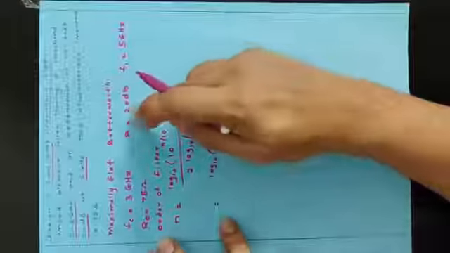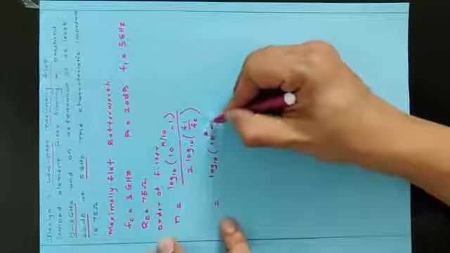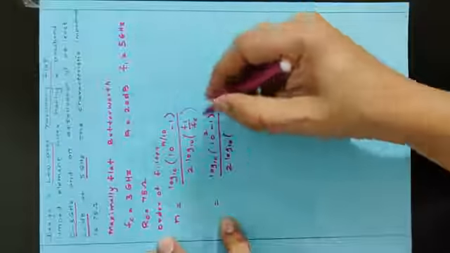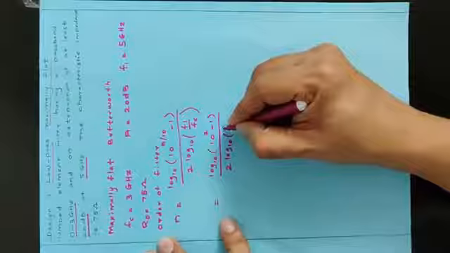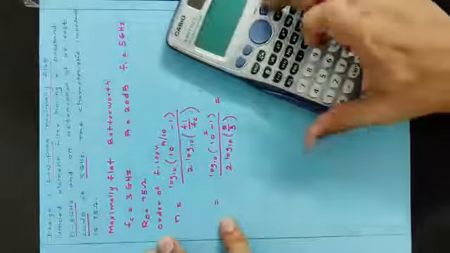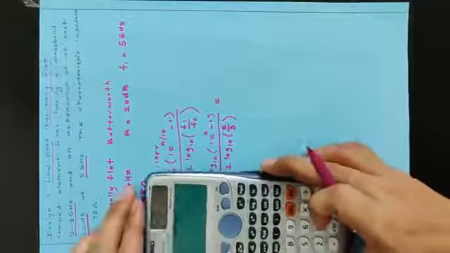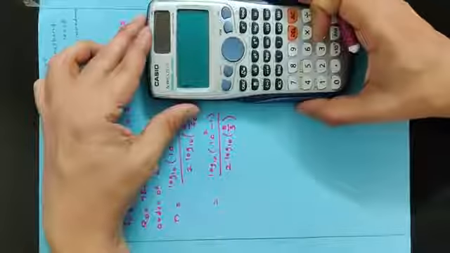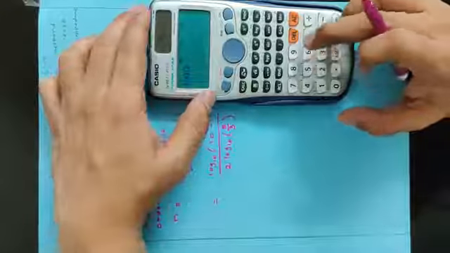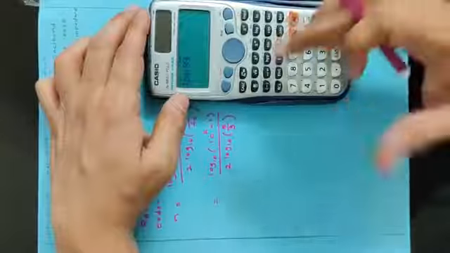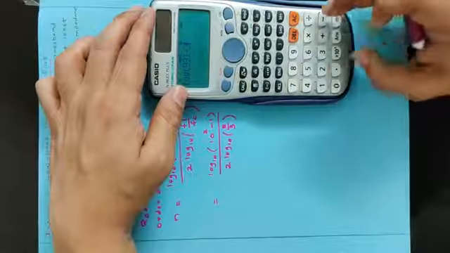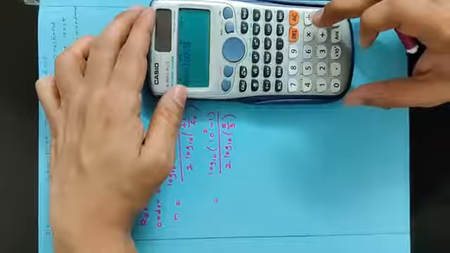So here it will be 10 to the power 20 by 10, so it will be 2, and here it will be 5 by 3. So it is given as logarithm of 100 minus 1, divided by 2, divided by logarithm of 5 by 3.